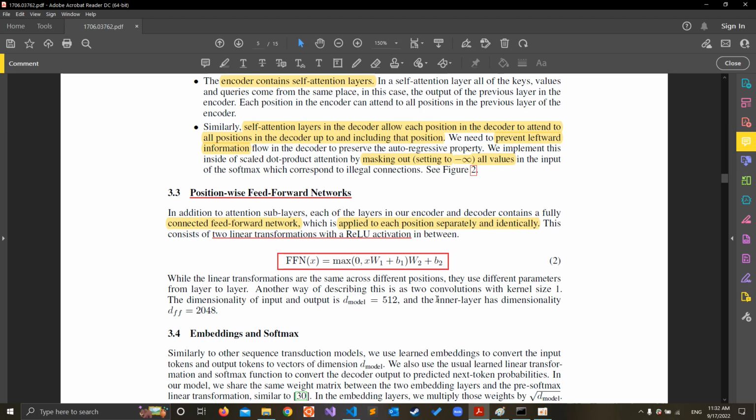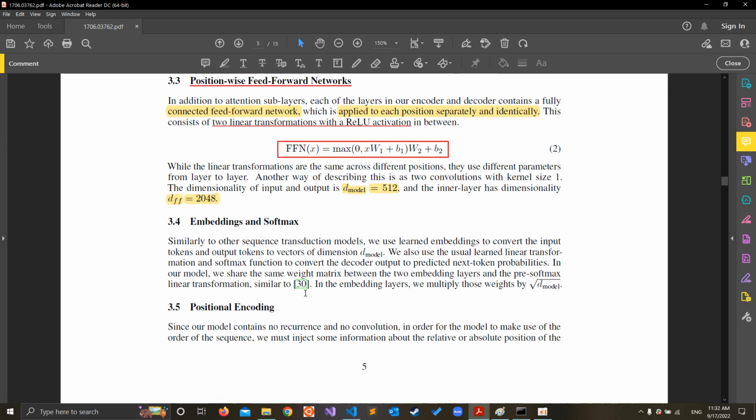So we have the inner layer dimensionality and the inputs and outputs. So we have some idea about it. Also, it shows that it gives us a vector of 512 somehow.